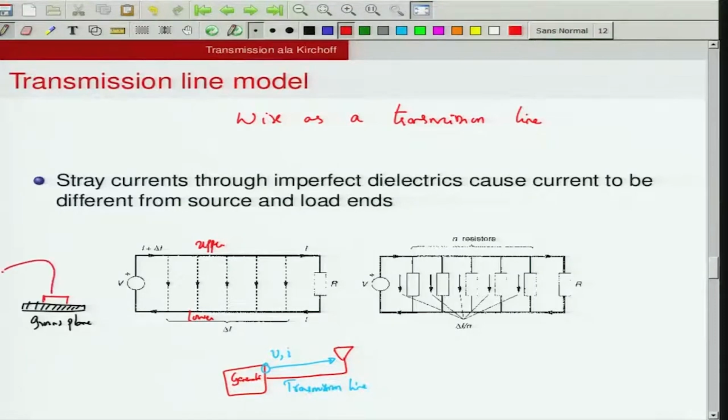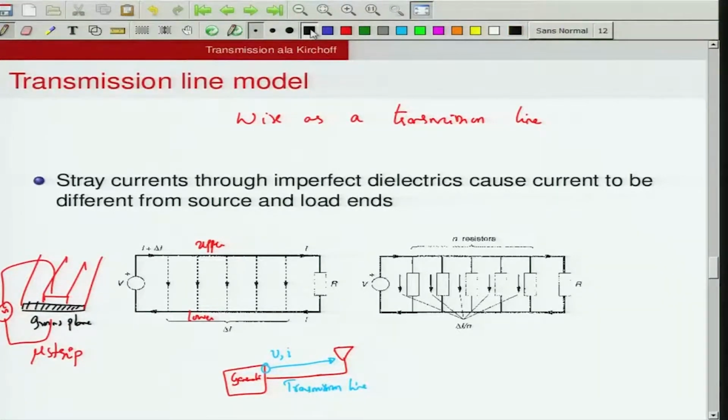Then you apply a voltage between this metal piece and the ground plane, and if you look at how the waves would propagate on this top metal surface, you will be able to model this propagation in terms of this canonical transmission line model. So although we show this type of transmission line, it is not necessarily the case that a transmission line itself looks like these two wires. This is one example of a transmission line, this is another example, known as the microstrip transmission line.